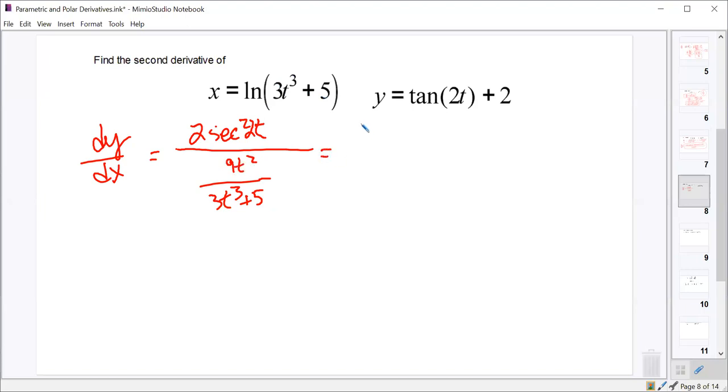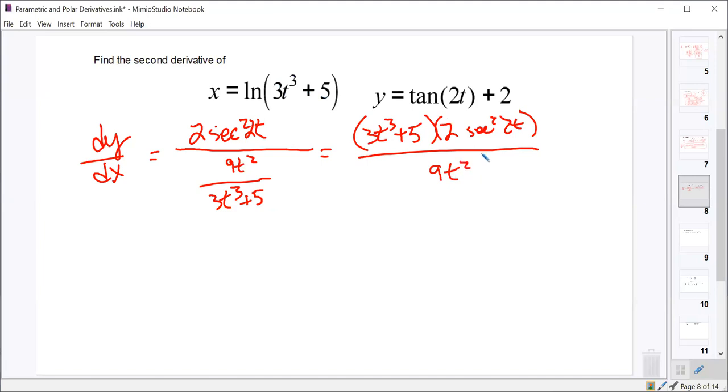If we want to rewrite this, dy/dx is 3t cubed plus 5 times 2 secant squared 2t, over 9t squared. Everybody agree with that for dy/dx? Okay.